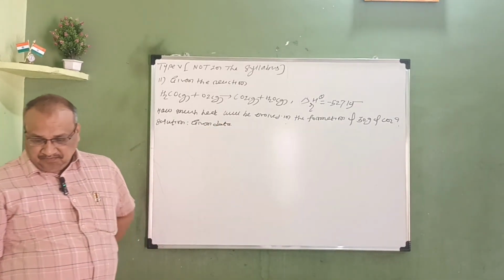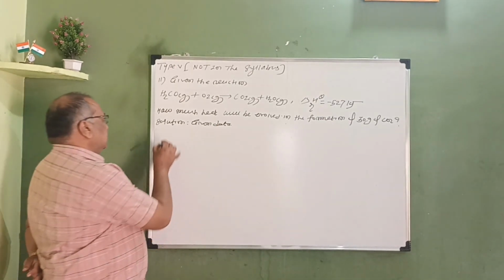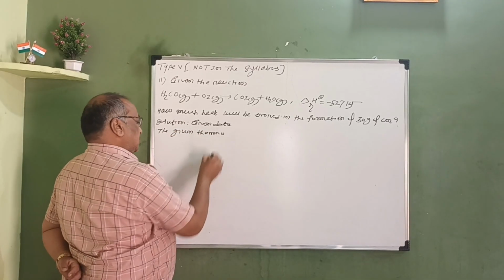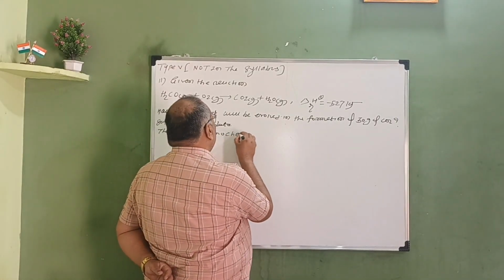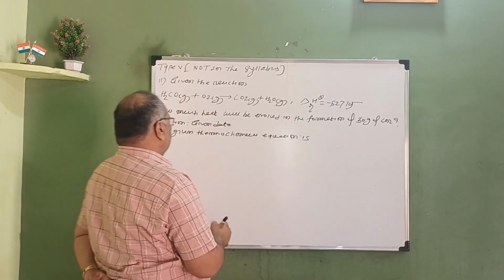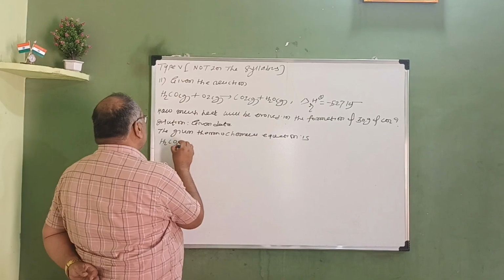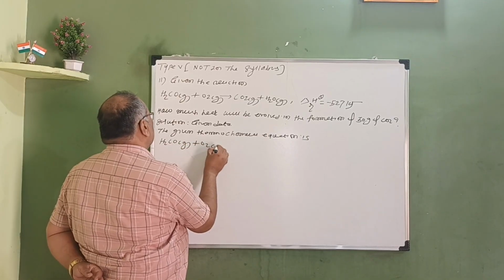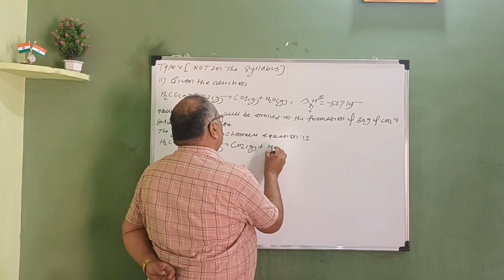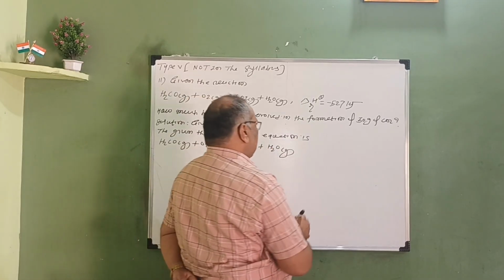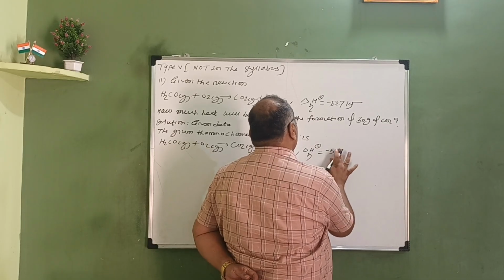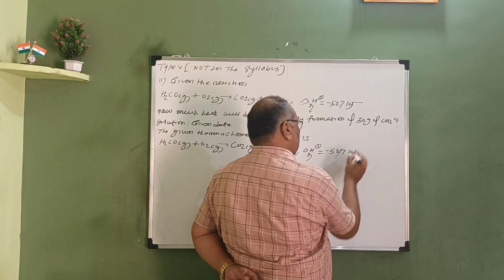Now here write down the given thermochemical equation is CH2O gas plus O2 gas gives CO2 gas plus H2O gas, and here delta H R theta equal to minus 527 kilojoule.